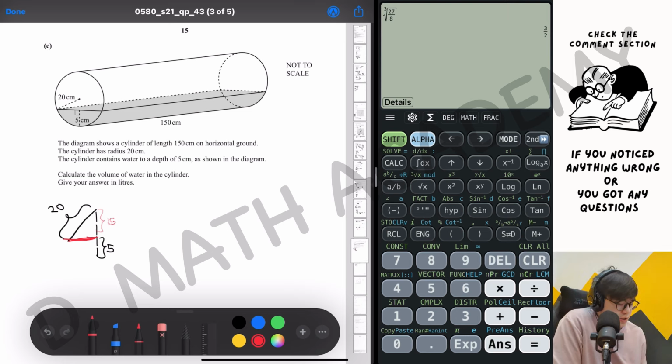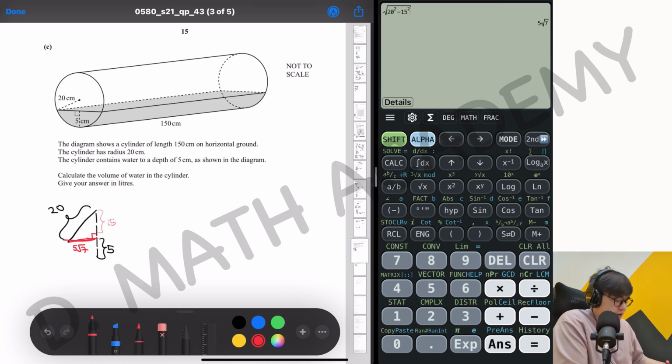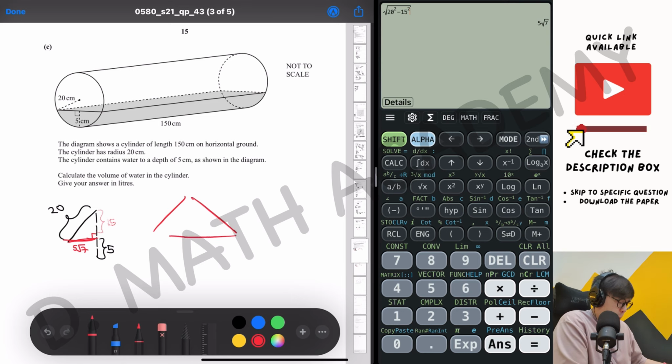That will be by taking square root of 20 squared minus 15 squared. For that you will get 5 square root 7. And then 2 of that, 5 square root 7 times 2, you will get 10 square root 7. So you have 20 on each side.